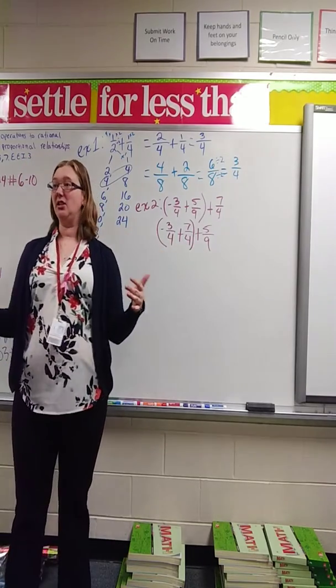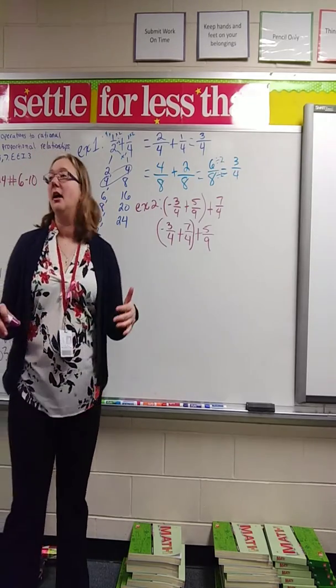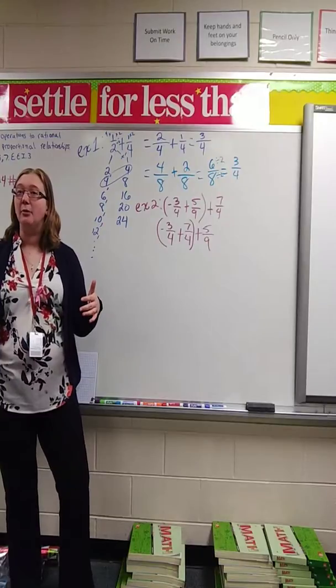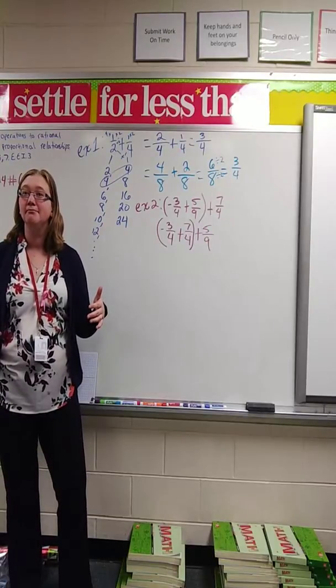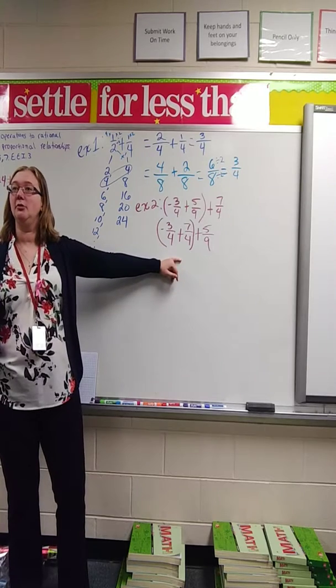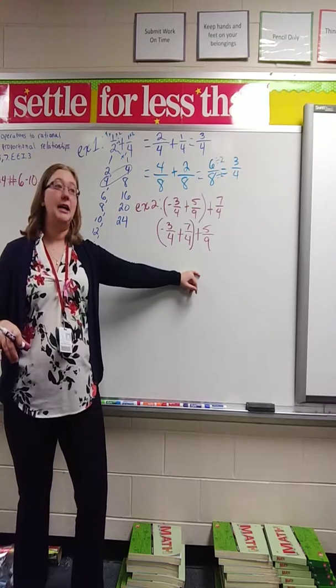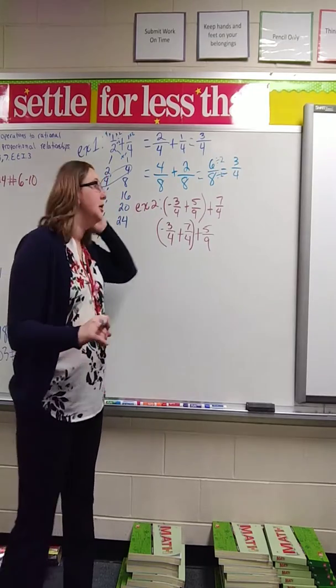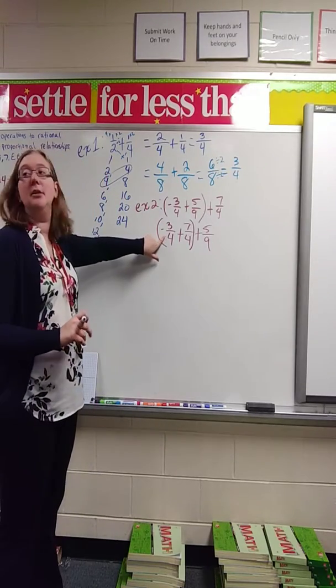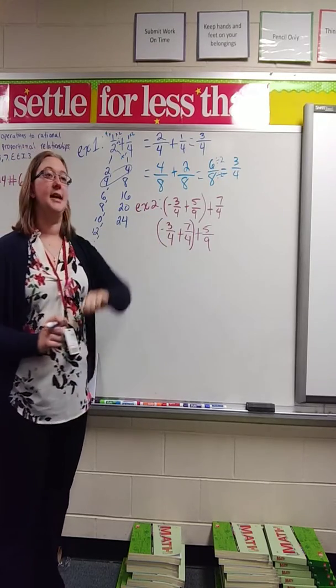Does that make things easier? Yeah. Okay. Have you guys been able to move stuff around in a problem before? No. Is this going to be a game changer for you when we have multiple numbers? I guarantee you it will be. Okay? So here I have a common denominator already. What is negative 3 plus 7?